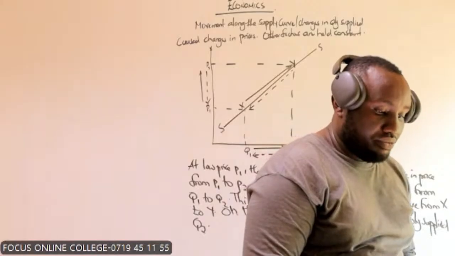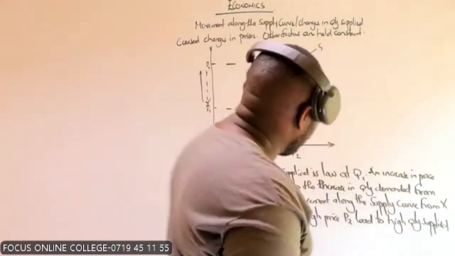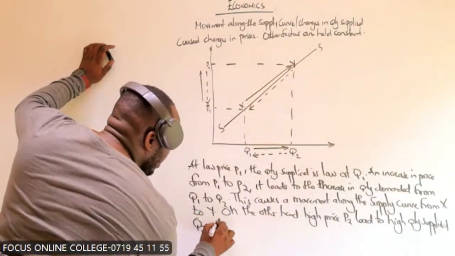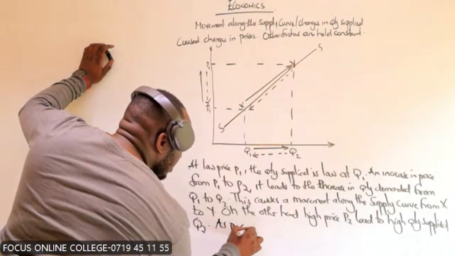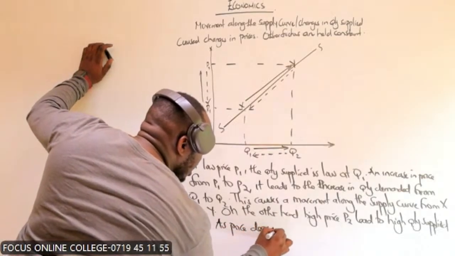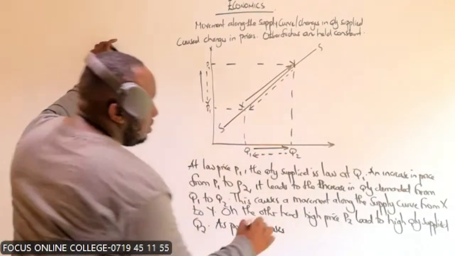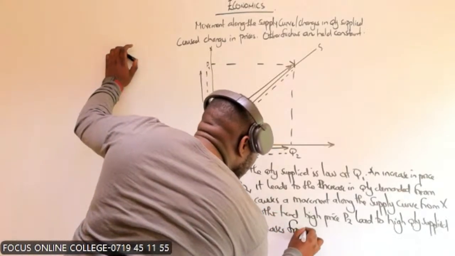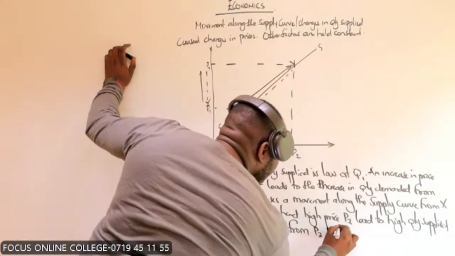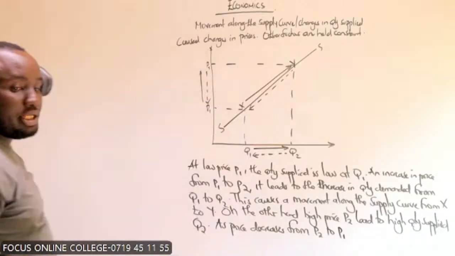Are we together? As price decreases, from P2 to P1, the quantity supplied falls.